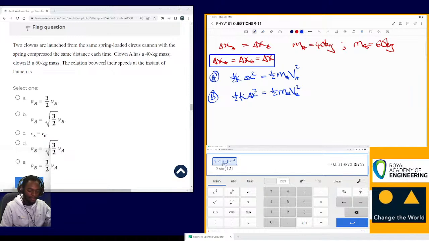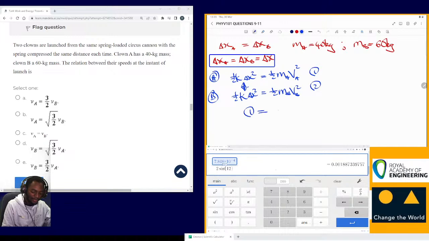All right, so in both equations we see that we've got common terms. We know that this is delta x and this is delta x. In both cases they are just the same, right? So we can see that these two sides are the same, so we can equate these two together, right? So this is our equation 1, this is our equation 2.